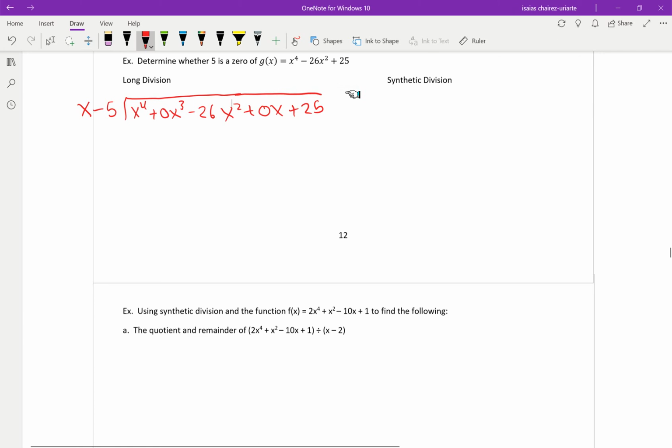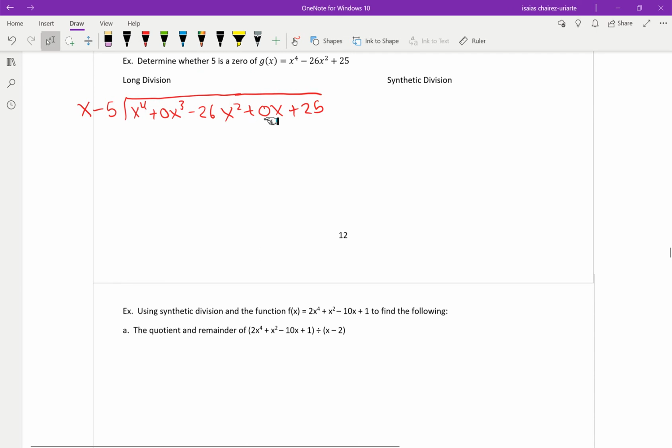That's how you should have set up the long division. If you're going to answer this question to determine whether 5 is a 0 of my polynomial g of x, then your divisor is going to be x minus 5, and your polynomial is x to the 4th plus 0x cubed minus 26x squared plus 0x plus 25. Remember that if you're missing any terms, you gotta fill them in with 0.